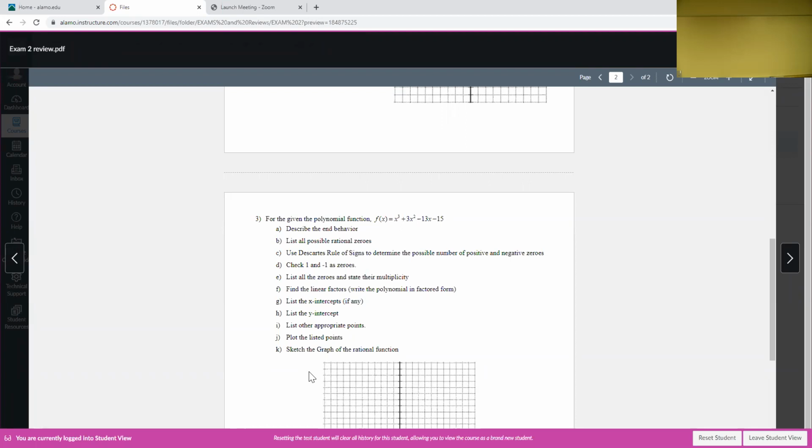If you're punching things into the calculator, you put down what you're punching into the calculator. If you're putting a number into f of x, then show me how you're putting that number in for x. So if you put 2 in for x, you need to write down 2 cubed plus 3 times 2 squared minus 13 times 2, and then minus 15.